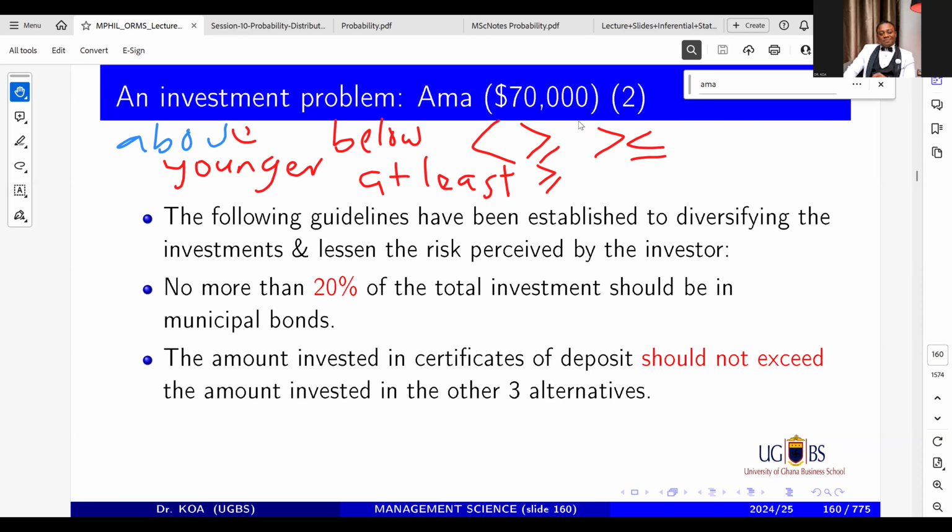Now, which word stands for not below? What symbol is that? Michael says equal to. That's wrong.